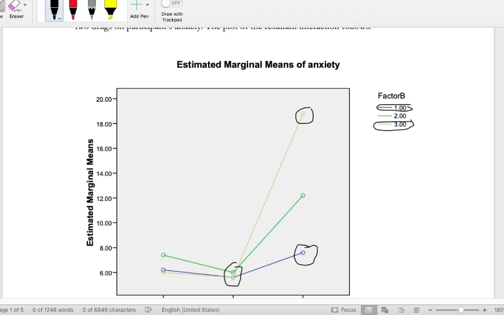What we're actually comparing here is this line and this line. Are the slopes of these lines significant? Because if so, that's probably where the interaction is coming from. Remember, we're doing this because we had a significant interaction, and so we're trying to figure out where that's from.